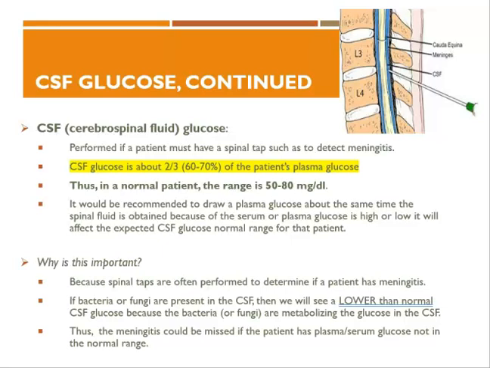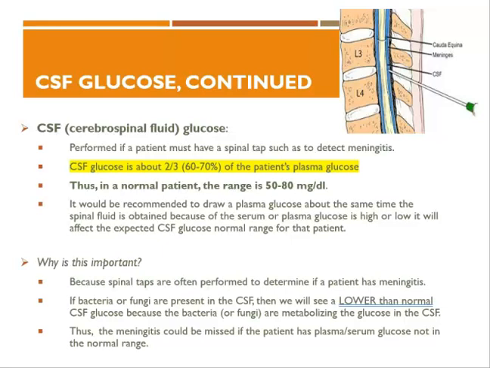Thus, in a normal patient, the range is only 50 to 80 milligrams per deciliter for the cerebrospinal fluid glucose. It's really important, or recommended, to draw a plasma glucose about the same time as the spinal fluid glucose is drawn, because the serum or plasma glucose, if it's high or low, will affect the expected cerebrospinal fluid glucose normal range.